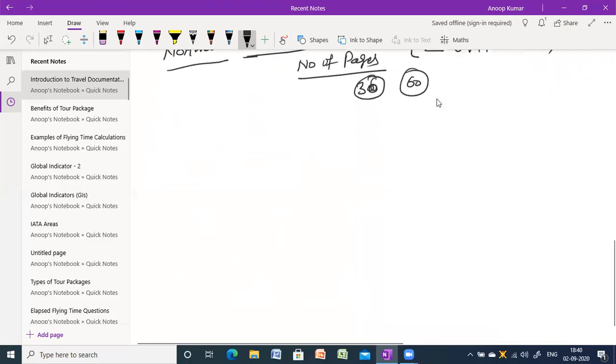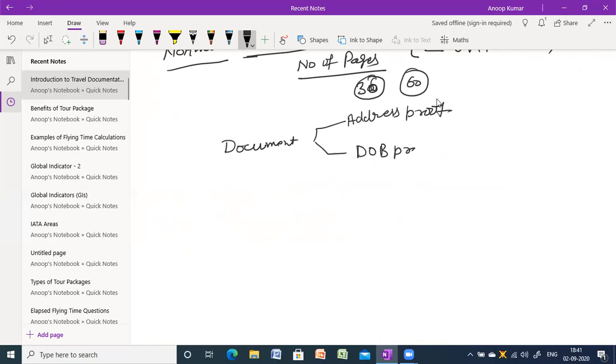Then for obtaining a passport we need certain documents. Now what are these documents? Like, what are the documents which are acceptable as address proof? We will study this in detail. We will study the documents which are used for date of birth proof.